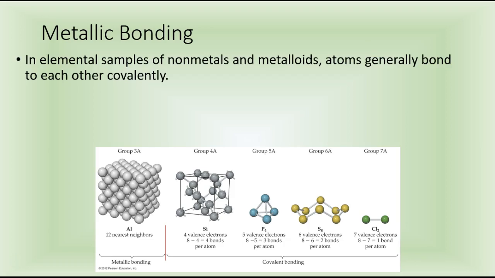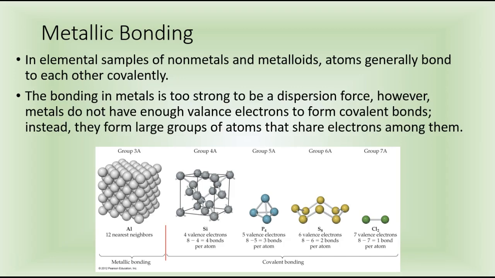Then we've got metallic bonding, and typically, actually, metallic bonding only happens between metal atoms, unlike nonmetals and metalloids, which, if they're going to bond to other nonmetals or metalloids, do so covalently. But when we look at what metals do, if I just look at all the metal atoms lined up, the bonding is stronger than what we would observe if I just had atoms of another type lined up.